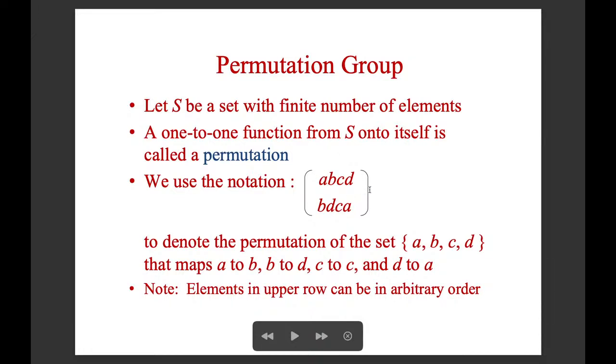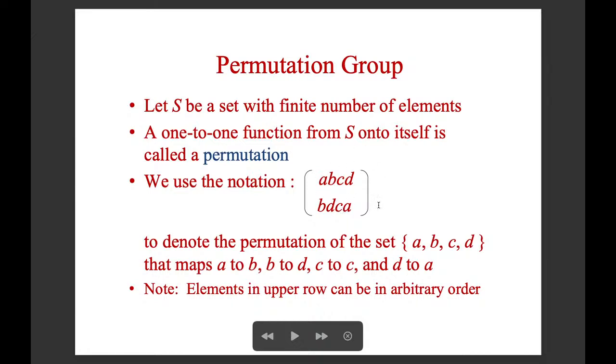For instance, this is the original arrangement A, B, C, D, but then we can transform it into another form, B, D, C, A, and we see that this is a permutation. A permutation here is one-to-one, and each of the characters A, B, C, D appears exactly once.